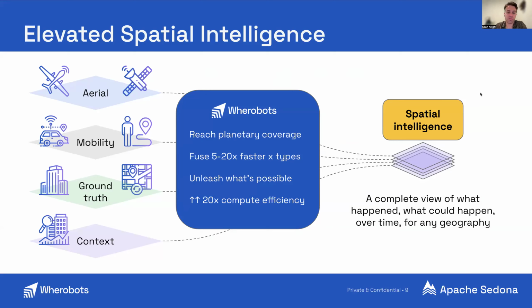But in our early days, before we were using Wherobots to do these large spatial joins of many, many points, mobility data, sometimes there's ground truth data or other context we were adding, sometimes even aerial, we would usually have to change everything to some sort of simplified index like H3 in order to be able to process it. And even then, we would have problems where our jobs would time out while we were trying to run them.